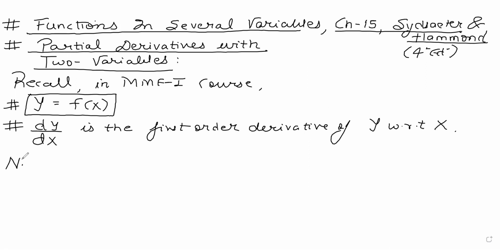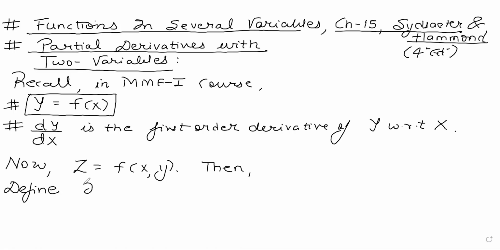So now z is a function of two variables x and y. Then define del z by del x. You can see now the sign has changed. It's not d, it's del.